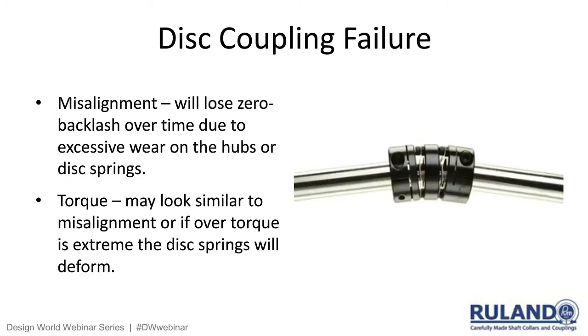Over time, where the rivet goes through the disc or the screw goes through the disc, that hole will oval out, if you will, and you'll start to get some error in a disc coupling, because it's starting to have some clearance where the screw holes or rivet holes have ovaled out. So a lot of times a disc coupling failure is clearance building up and having error in your system.